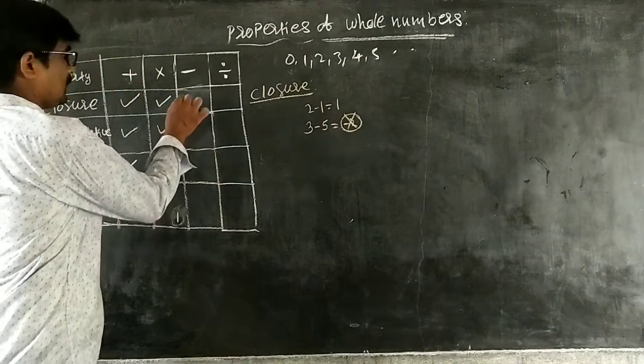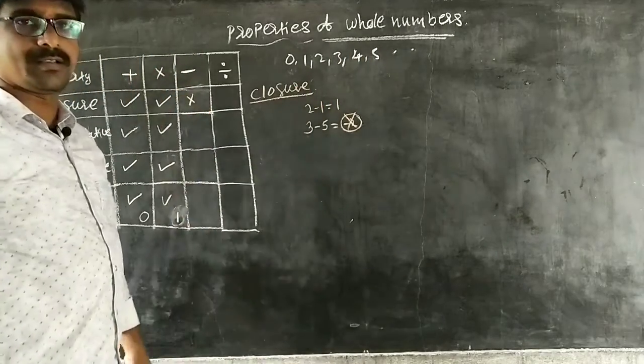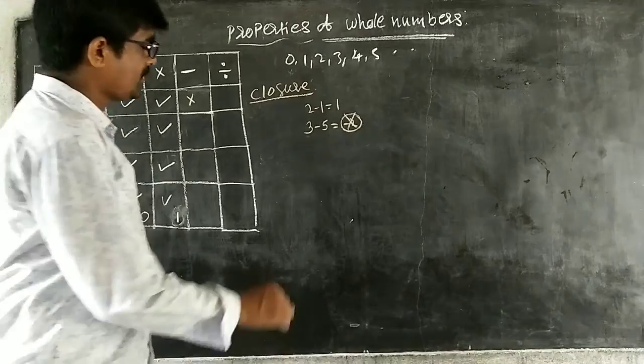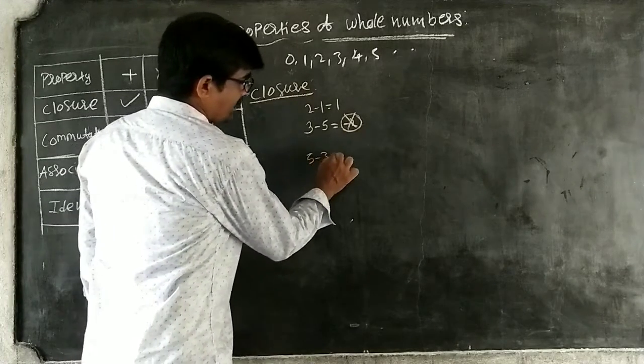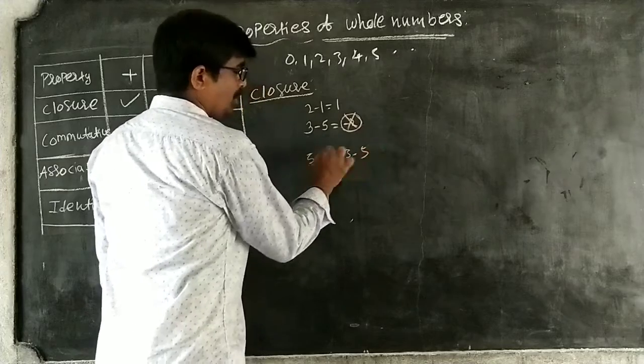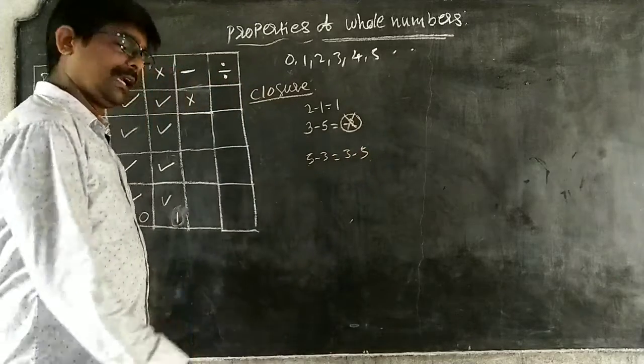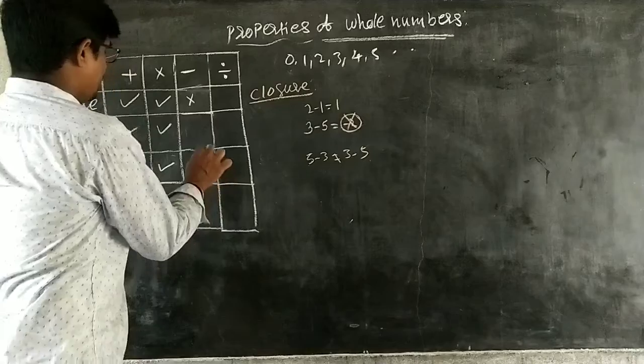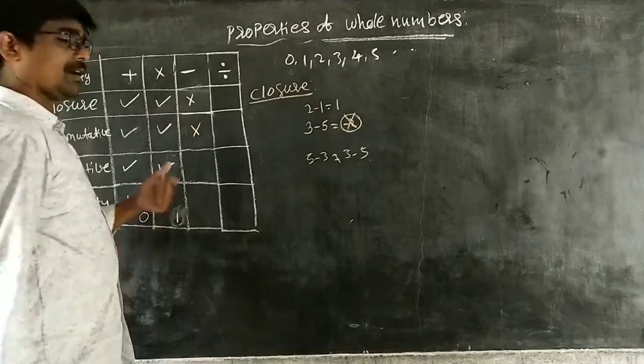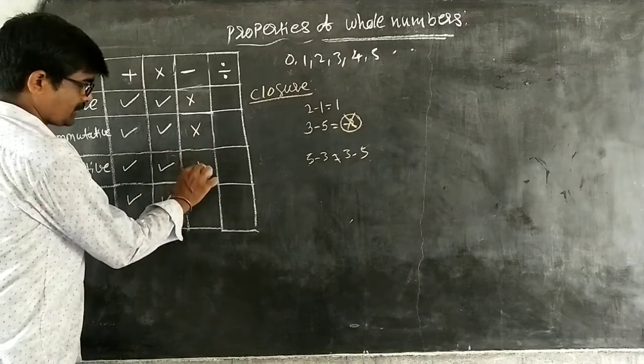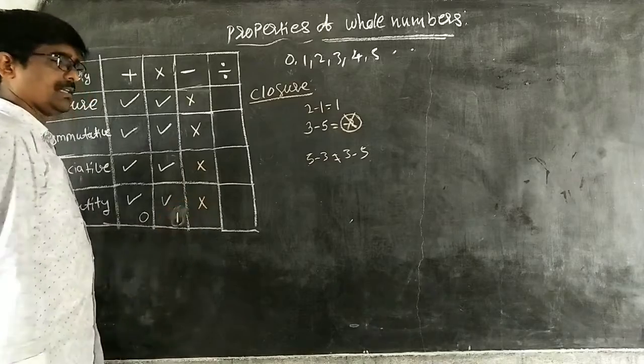So it is not closed. Simple. Here 5 minus 3 is not equal to 3 minus 5, so it is not commutative. The same goes for associative and identity.